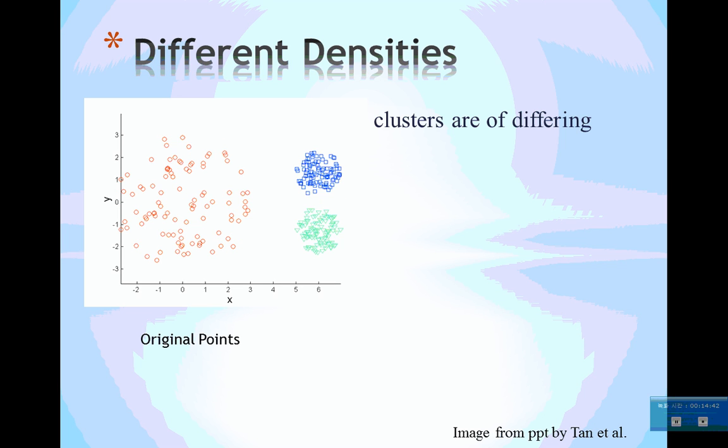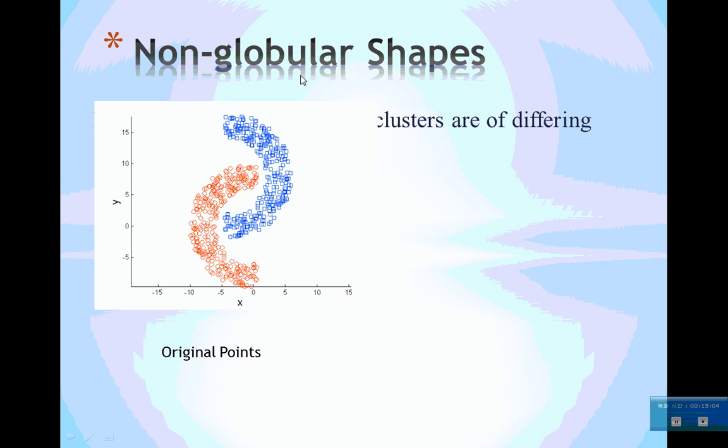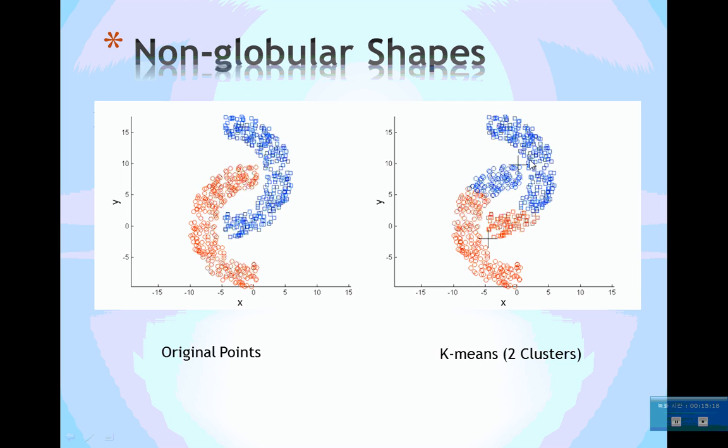Also different densities: these 2 may have higher density, but this one is lower. We know there should be 3 clusters, but when we take 3, some problems come. And also non-globular shapes. Here we know this should be 1 cluster, but the shape is not like a circle. For this case, when we take 2 clusters, some problems also come. It's not what we want to get.